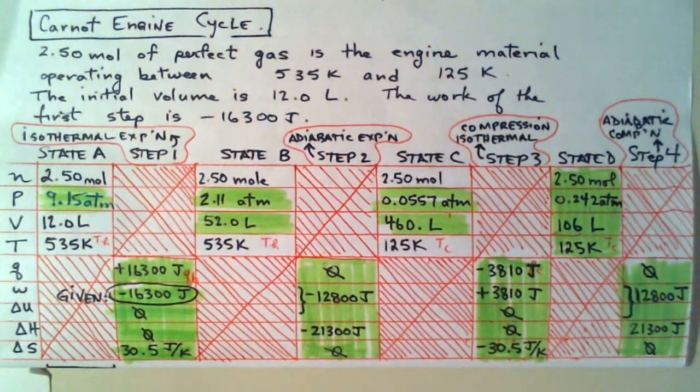Now for work and heat. If the total Q and the total W are the same, then we're in business. We have a pretty good engine. And so let's actually add that up. So the work, I've got 163.00 plus 128.00 minus 38.10 plus 128.00.